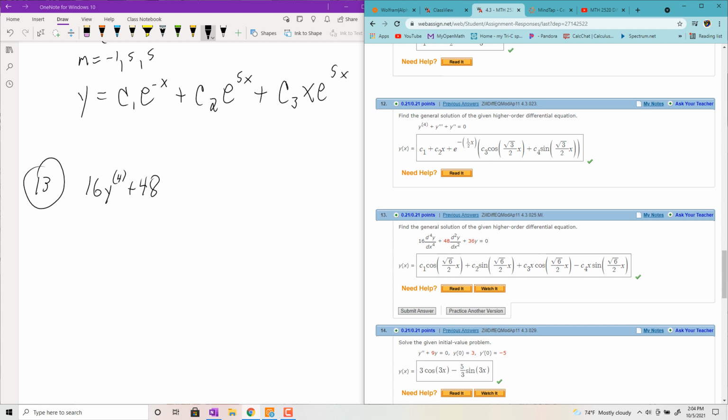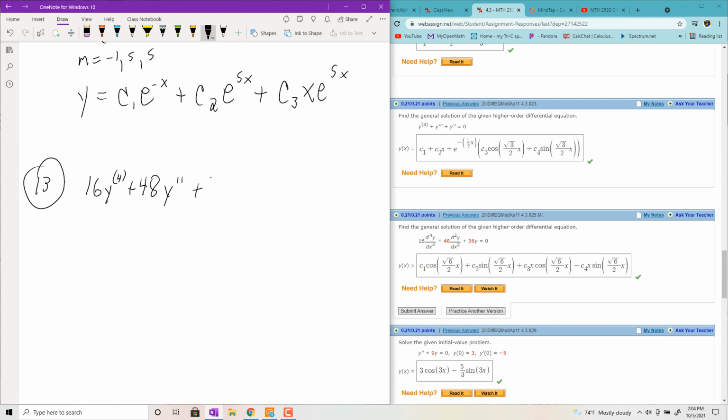Anyways, number 13, we're just in terms of y's and x's, but y second derivative plus 36y equals 0. So my auxiliary equation, 16m to the fourth plus 48m squared plus 36 equals 0.